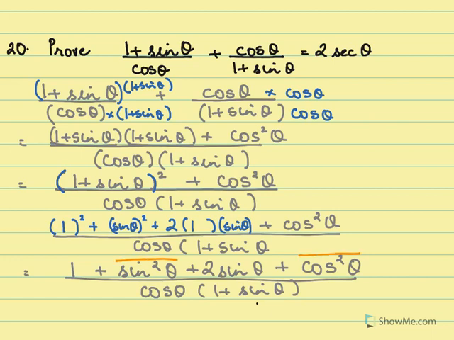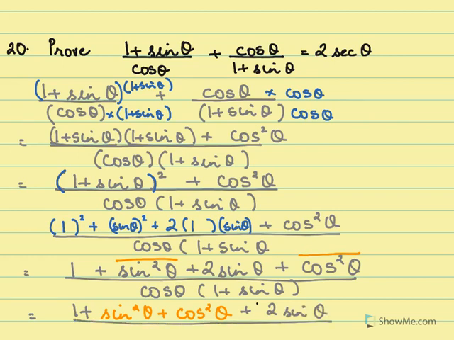This is sine square and this is cos square, and I'm going to put them together because I know sine square plus cos square will give me 1. So 1 plus, I'm putting these two together, sine square theta plus cos square theta, and here 2 sine theta over cos theta 1 plus sine theta.